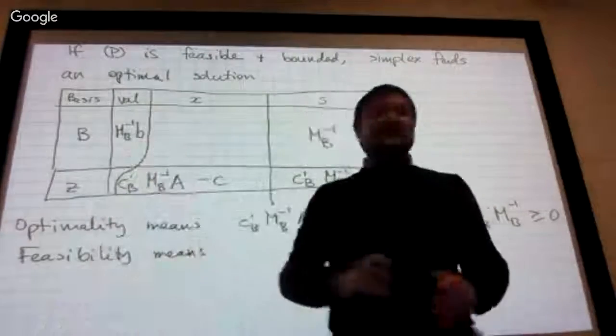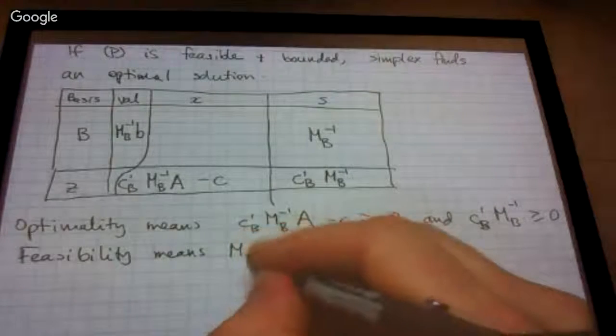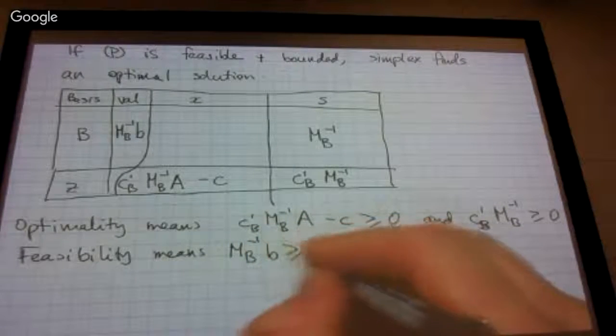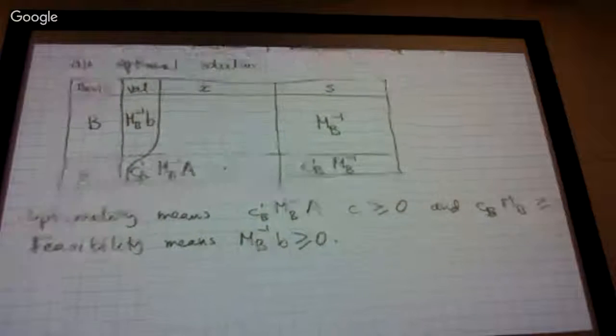So feasibility means that this is non-negative, so MB inverse B is non-negative, and that's everything we need to know. Okay, so this is the optimal tableau.